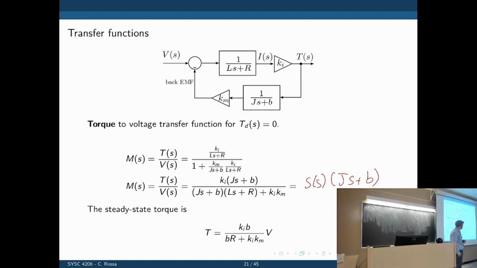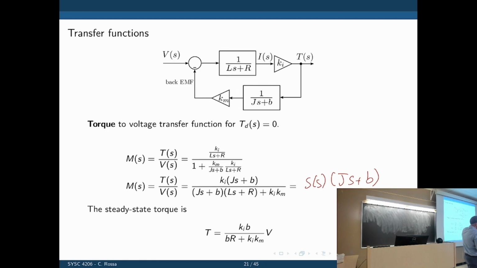So what happened here? The torque transfer function is the speed transfer function times Js plus B. So to go from torque to speed, what did we do?